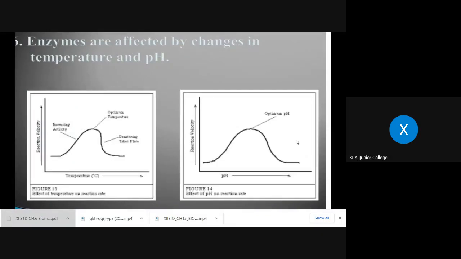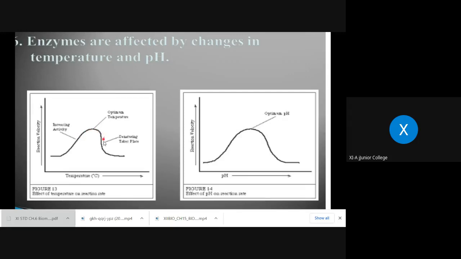Then enzymes are affected by changes in temperature and pH. This we will discuss in detail in the next part also. But you remember, with the help of this diagram, you can see when the temperature is increased, the rate of the reaction also increases. But up to a certain degree, that means up to the optimal temperature, its rate is highest.